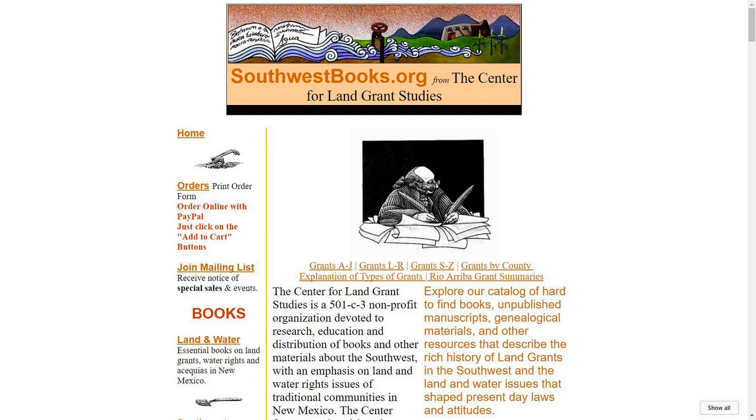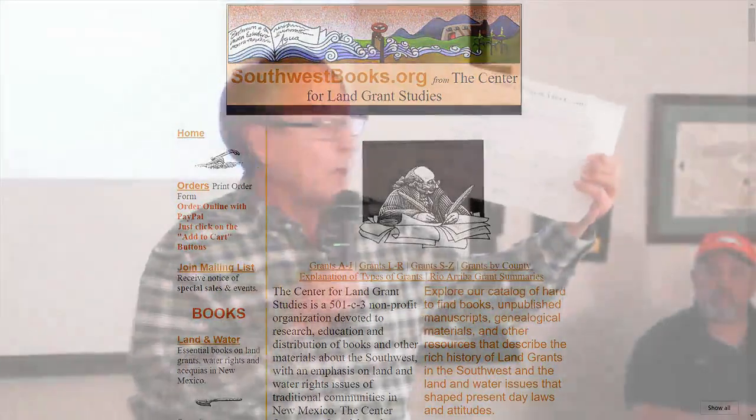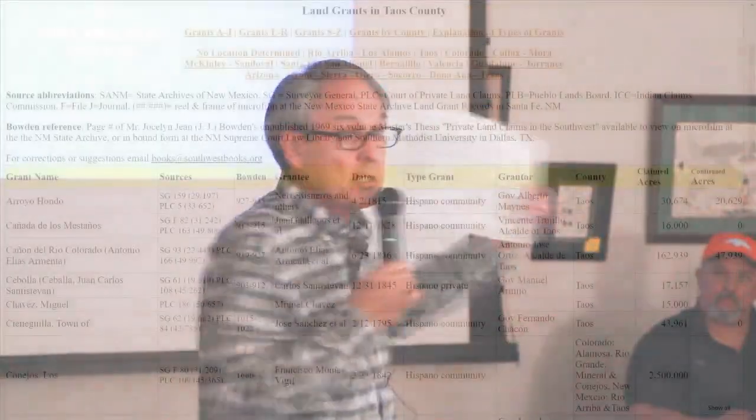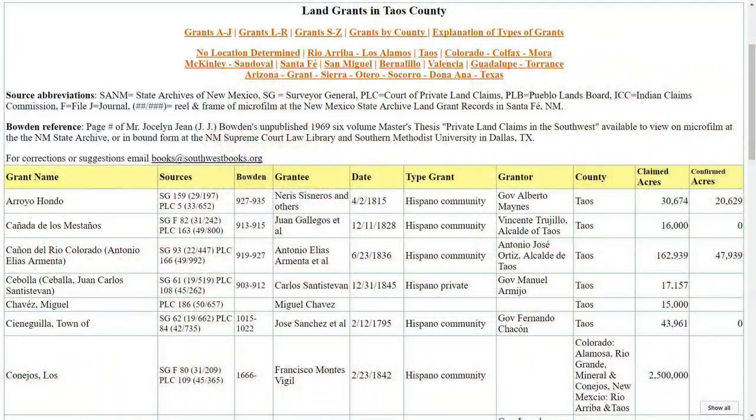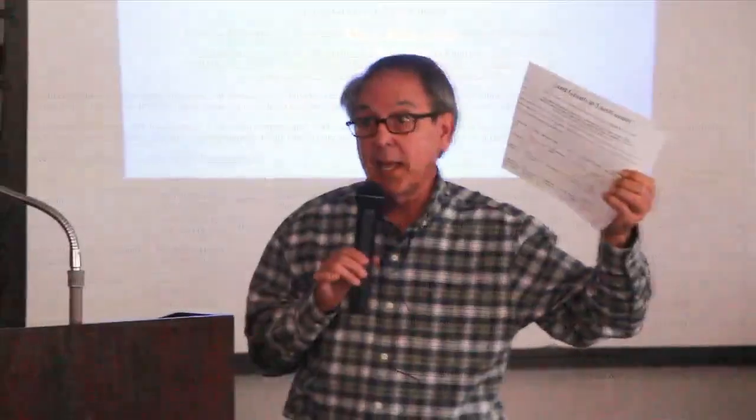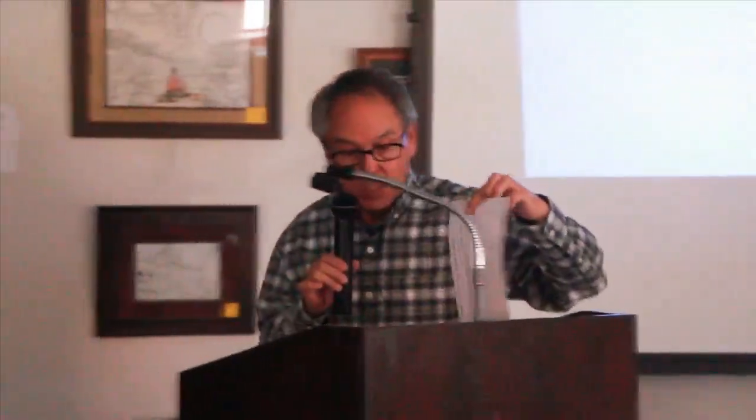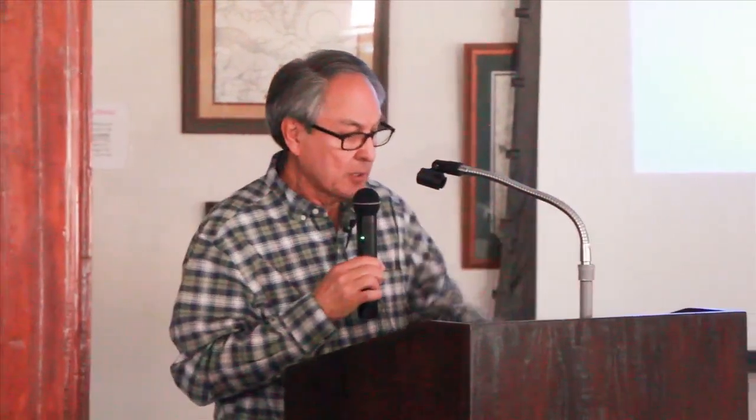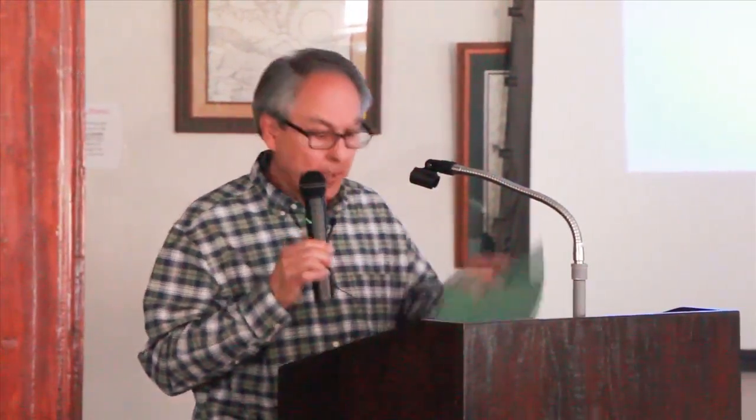So you can look, and although I'm only going to concentrate on Taos County, if you have family like Penny that came from Atrisco, and you want to know where those land grants are, you can search at the top for a particular land grant or by county. So this is what drove me to identify the 39 land grants in Taos County. That information is available to you, and it's also got a synopsis of the land grants.